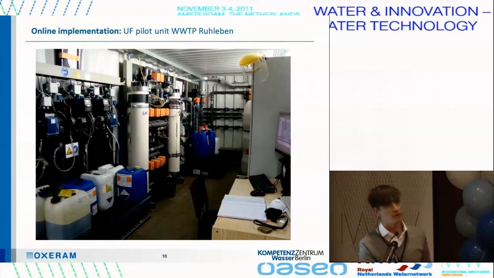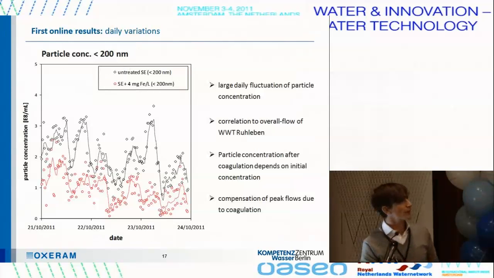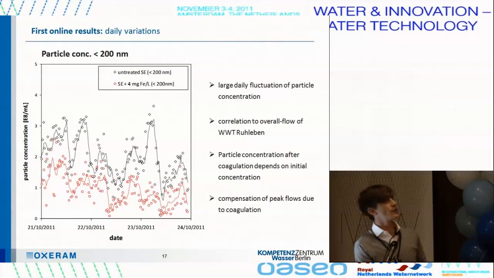And here you see the first results. It looks a little bit confusing, but the black graph is the particle concentration of the untreated secondary effluent, and the red graph shows the particle concentration after the coagulation. And you see that the removal due to coagulation depends on the initial concentration of the particles.